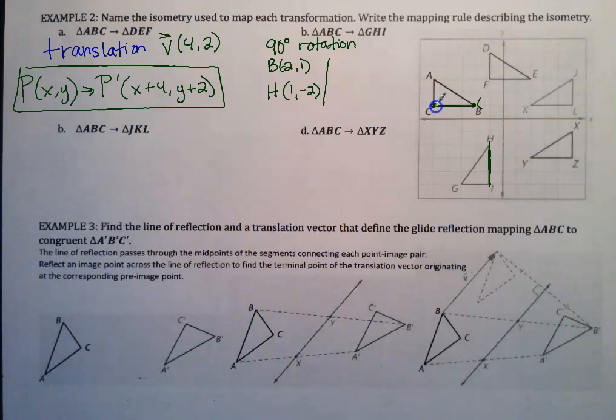So let's look at C. What's C right now? What's its coordinate? -4, 1. And C maps to I, so what's I's coordinates? Did the same thing happen? Okay, so what is our mapping rule here? You have H wrong. Isn't C (-5, 1)?